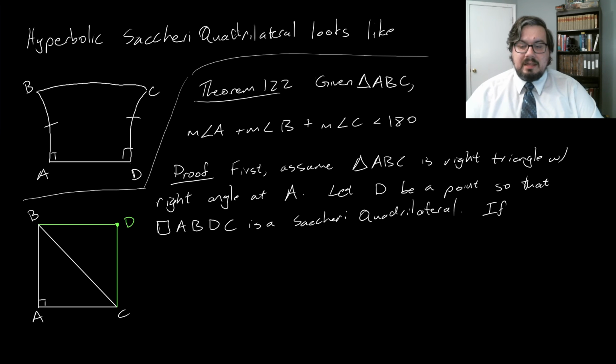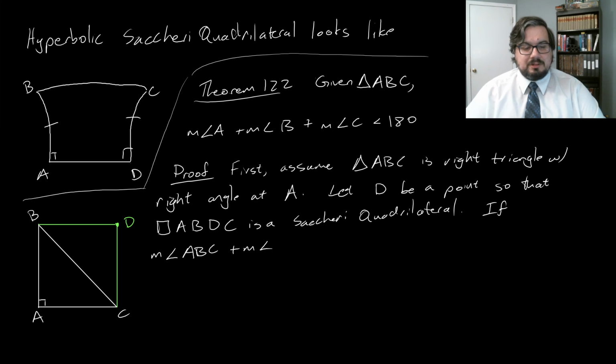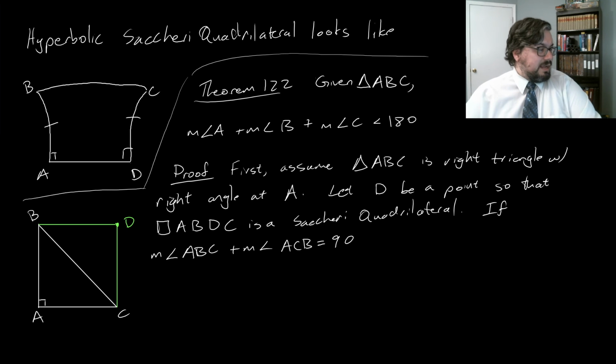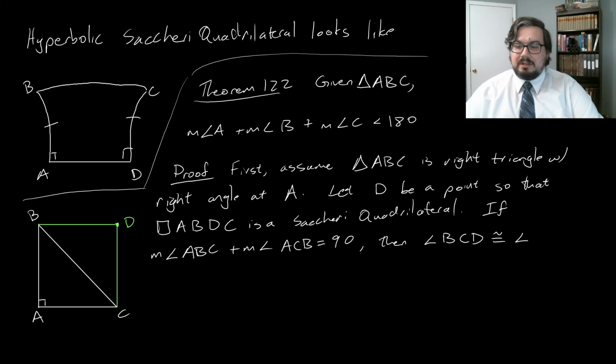So if the measure of angle ABC plus the measure of angle ACB is equal to 90, then that would mean that angle BCD would have to be congruent to angle ABC.